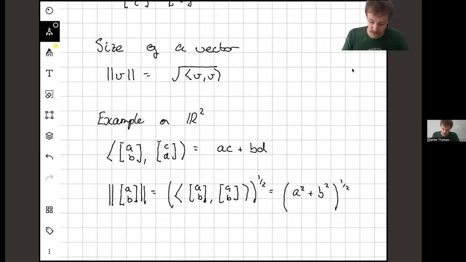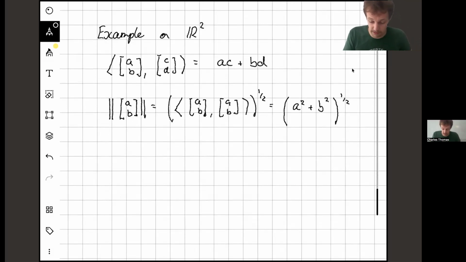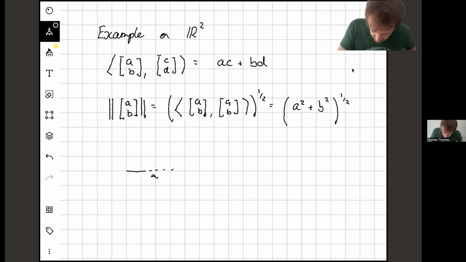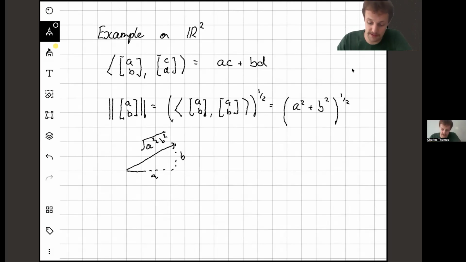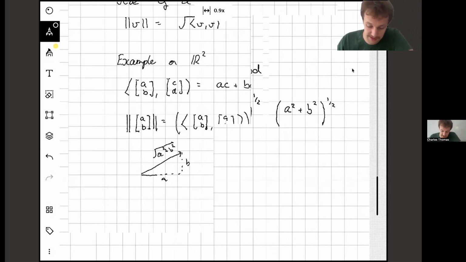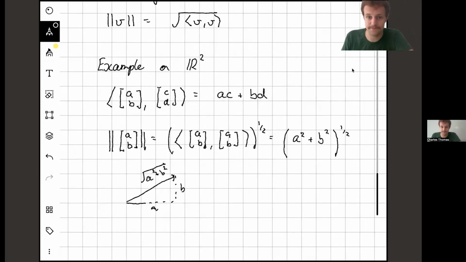And this you should think of as just being exactly like Pythagoras' theorem. We have some arrow which goes A this way, B this way, and the length of it is just A squared plus B squared, all square rooted, which is exactly where this definition of the size of a vector comes from.